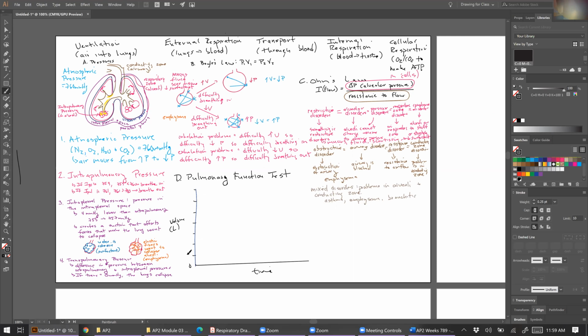So this would be 0, 1, 2, 3, 4, 5, 6. I guess that won't help if I drew a crooked line in the first place. So we're going to draw 4 lines.